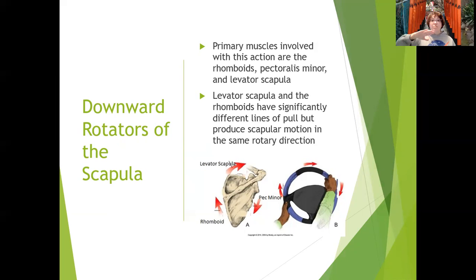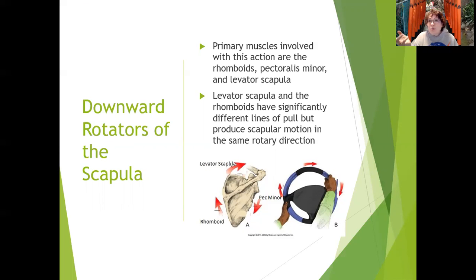The rhomboids are pulling up from that vertebral border of the scapula medially and upwards. And the pec minor is pulling on the coracoid process, bringing the scapula down. So you get that downward rotation. So the combination of those three muscles produces the rotary torque for the downward rotation of the scapula.